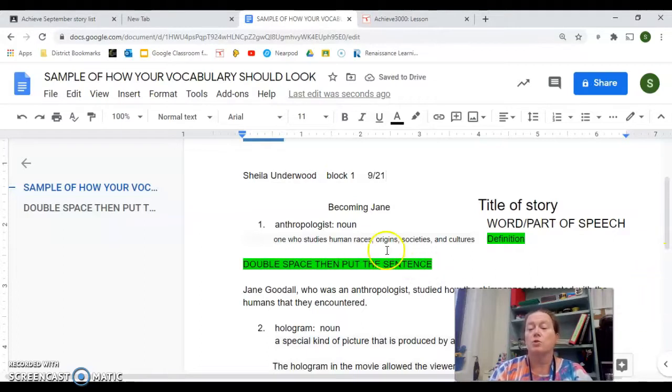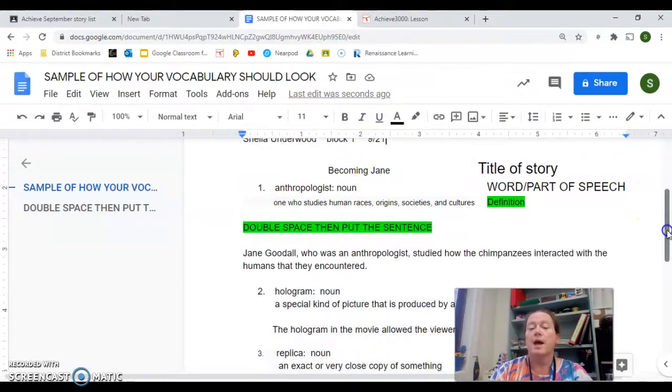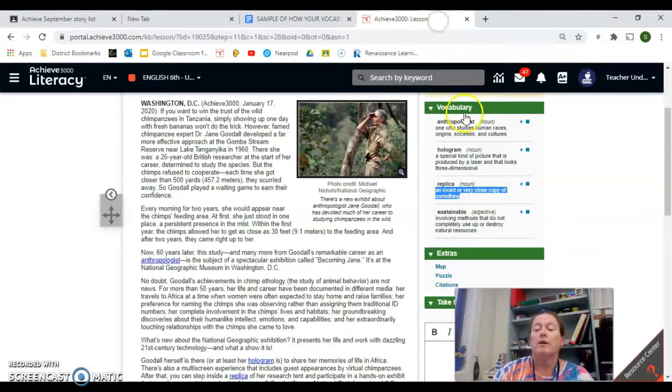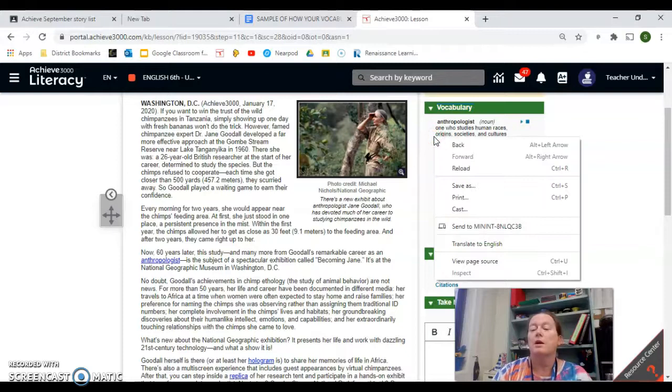Okay, here is your story title, Becoming Jane, and then here's your first word. Notice I have the word, a colon, and then what part of speech it is. Then I have underneath it the definition. I do not mind if you want to go back to the story and highlight the definition, if I can get it without the word, and cut and paste it.